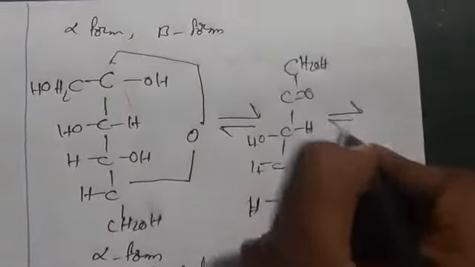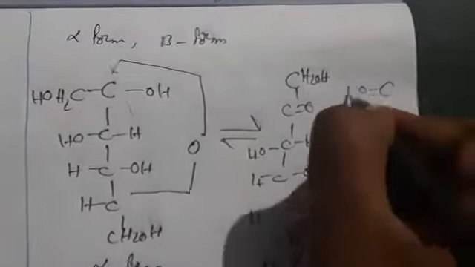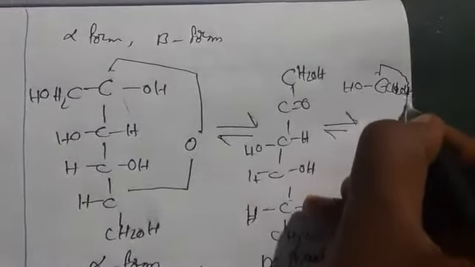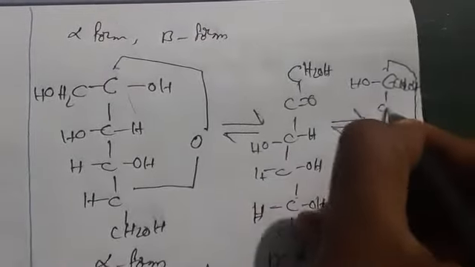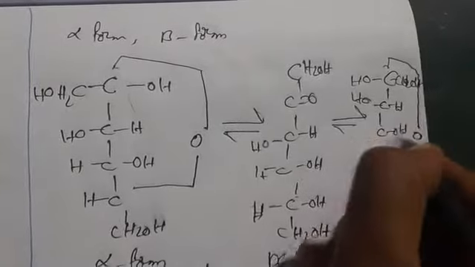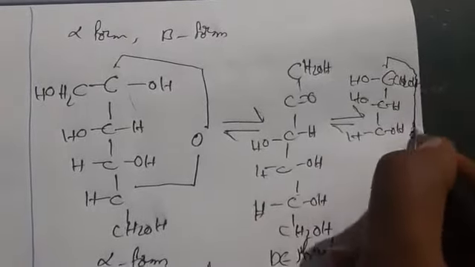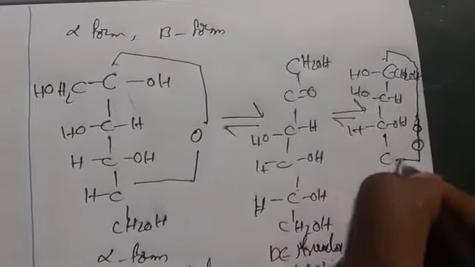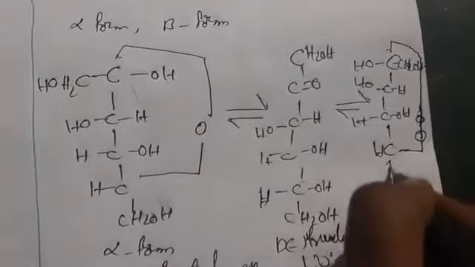Coming to the beta form, we have the OH here, CH2OH, HOH, OH H, H, CH2OH.